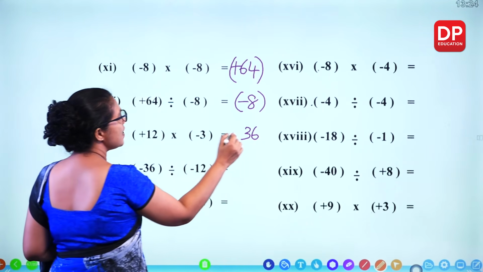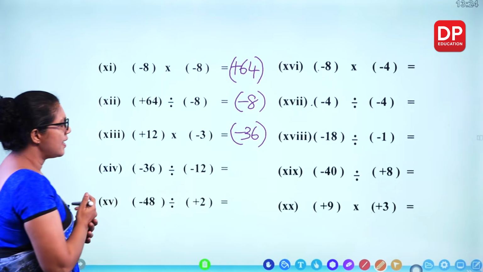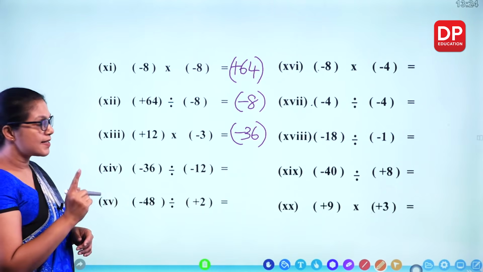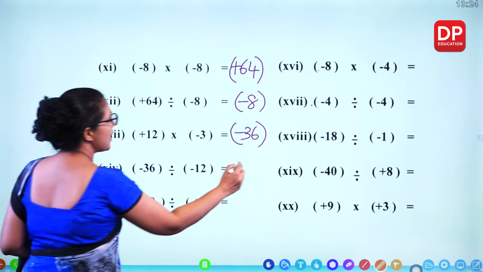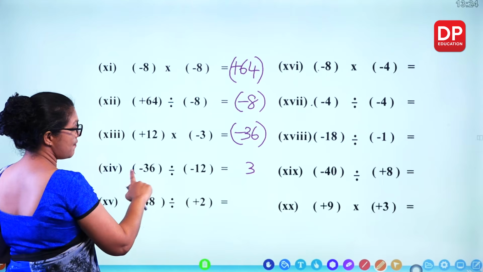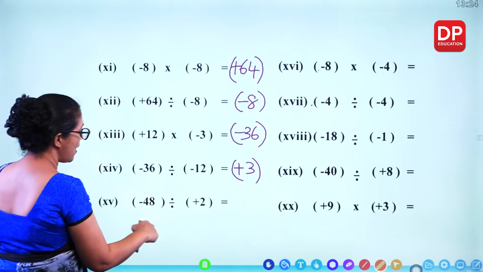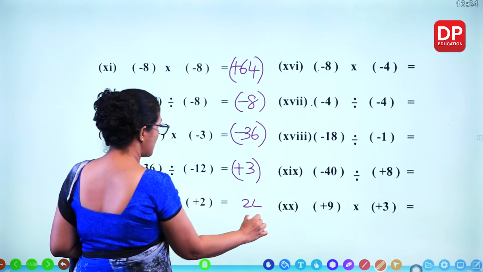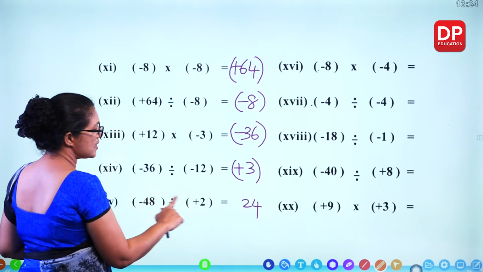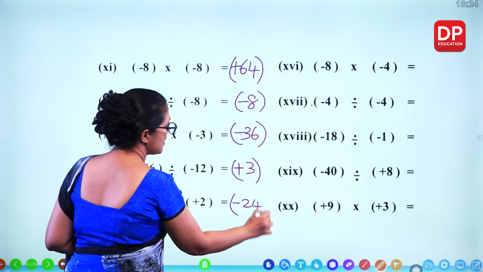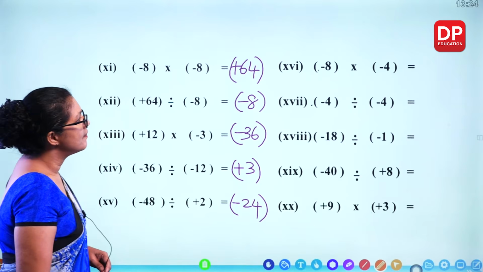One positive, one negative, answer is negative. 36 divided by 12, you get 3. Both negative here, you get plus. 48 divided by 2, that's 24. One negative, one positive, answer is negative.